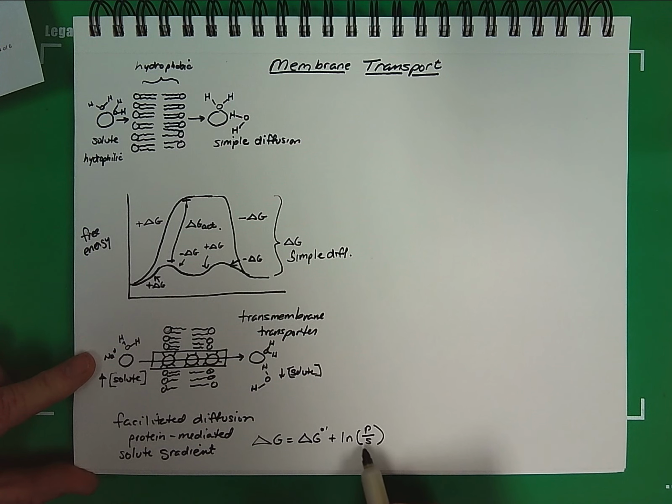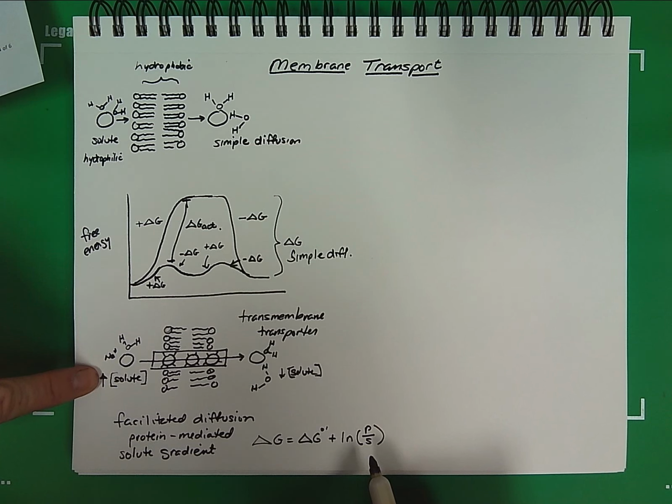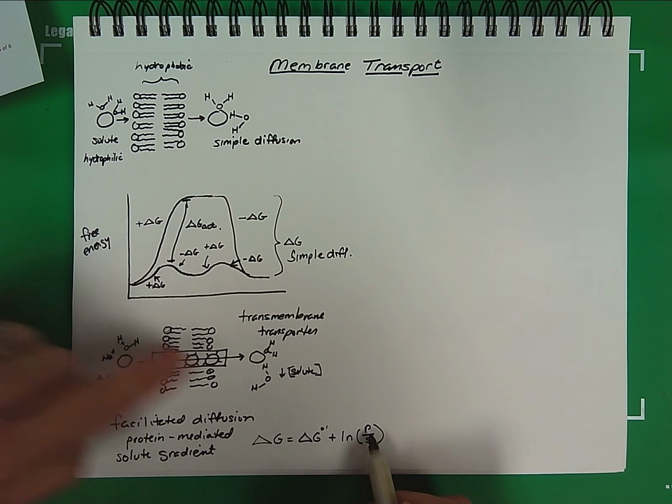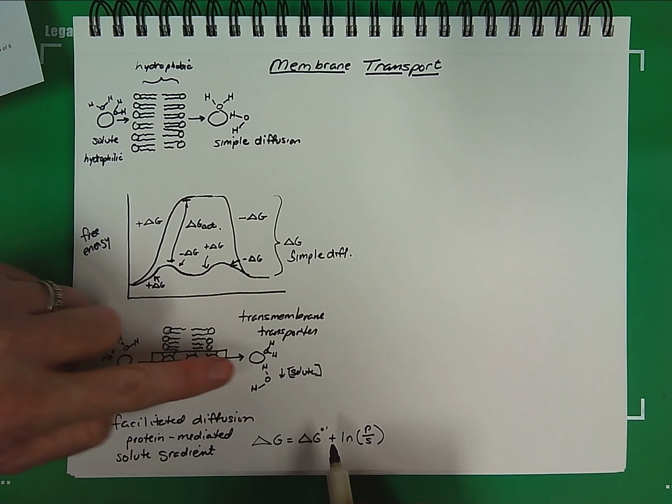So if we have a large substrate concentration, which would be analogous to a large solute concentration on one side of the membrane, and a low product on the other side, low solute, that means we have a small number here. Take the natural log of that, and that will give us a negative delta G, indicating we are moving to the right.